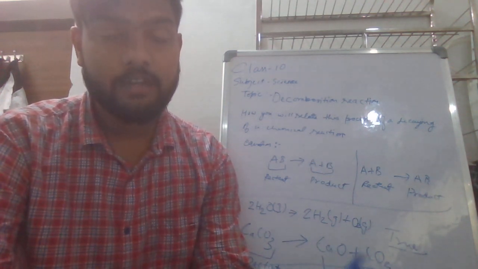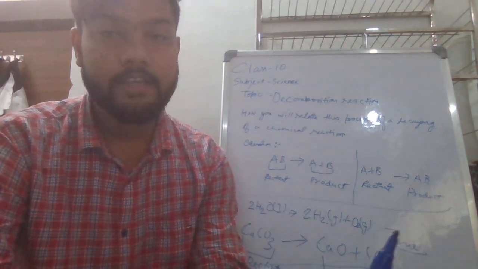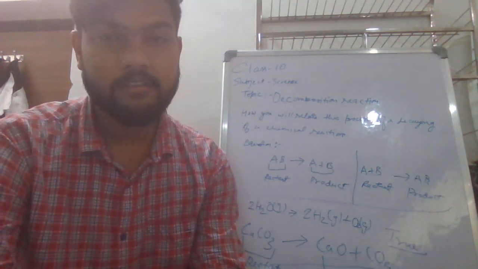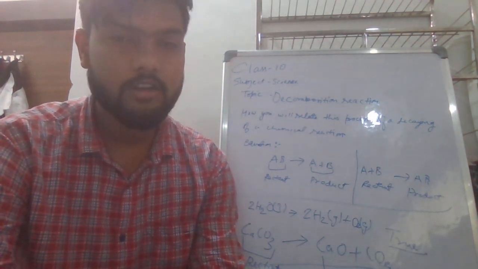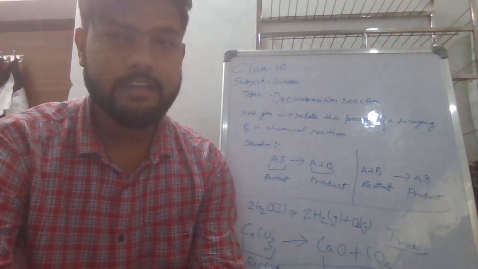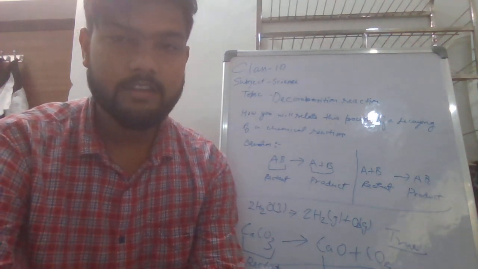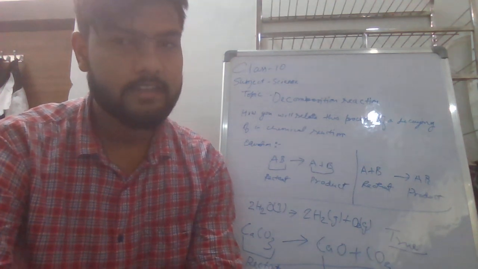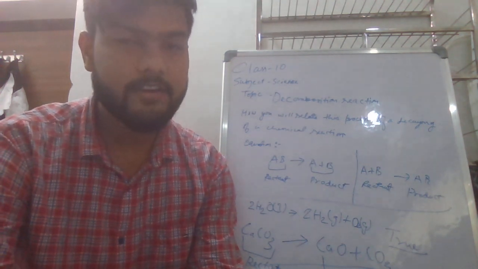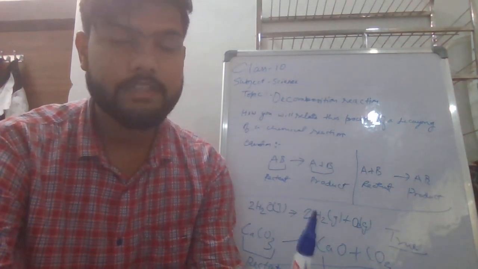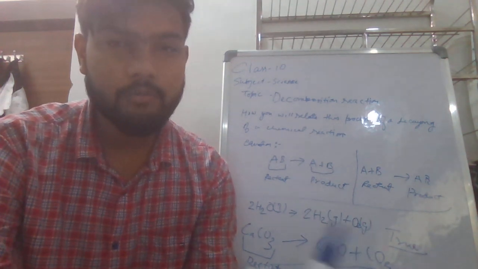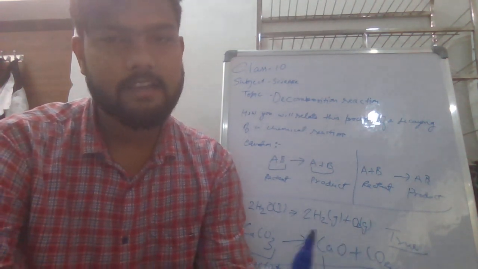In this reaction the ferrous sulfate crystals lose water when heated and the color of the crystals changes; it is a reaction in which a single reactant breaks down to give simpler products. This is a decomposition reaction. Yes, very good.